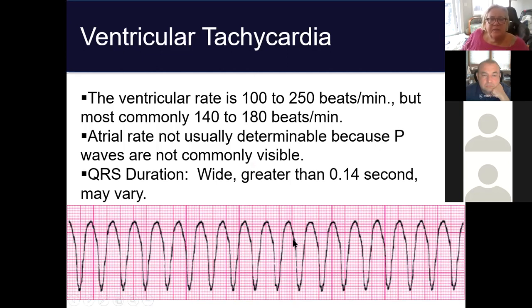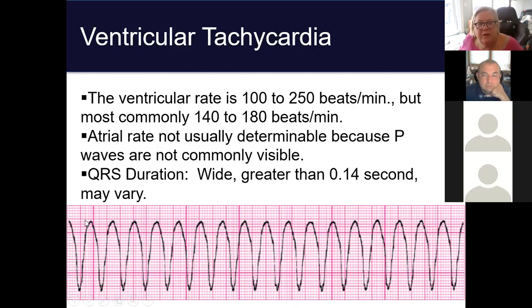But I'll be honest with you, if it's unstable and the patient's pulseless and unresponsive, I don't care how fast it is, it's still an emergency. We need to start CPR, we need to defibrillate the patient, and we need to correct the underlying problem.